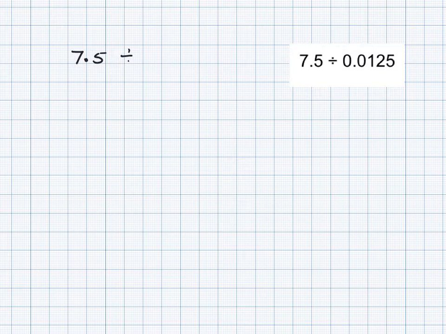7.5 divided by 0.0125. It's helpful if you turn the divisor and the dividend, well, especially the divisor, into a whole number. So if this is my divisor right here, to make this a whole number, I need to move the decimal 1, 2, 3, 4.